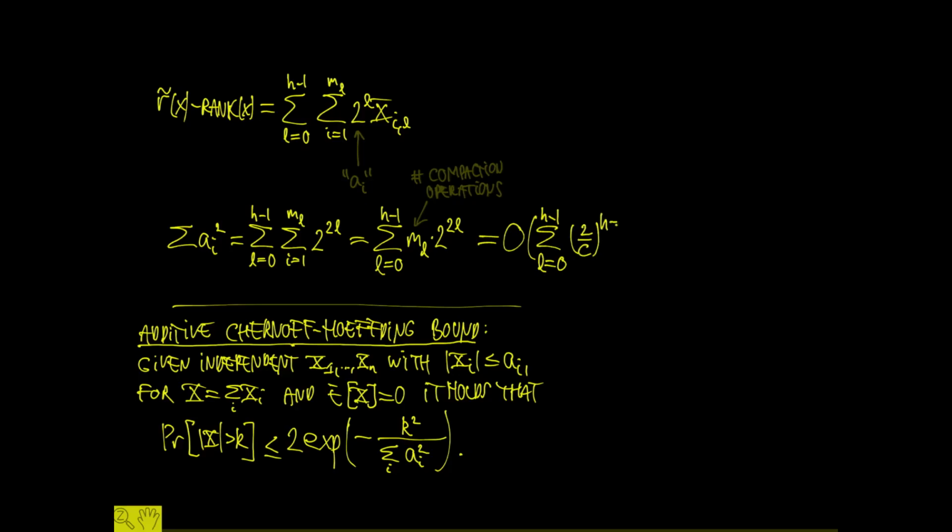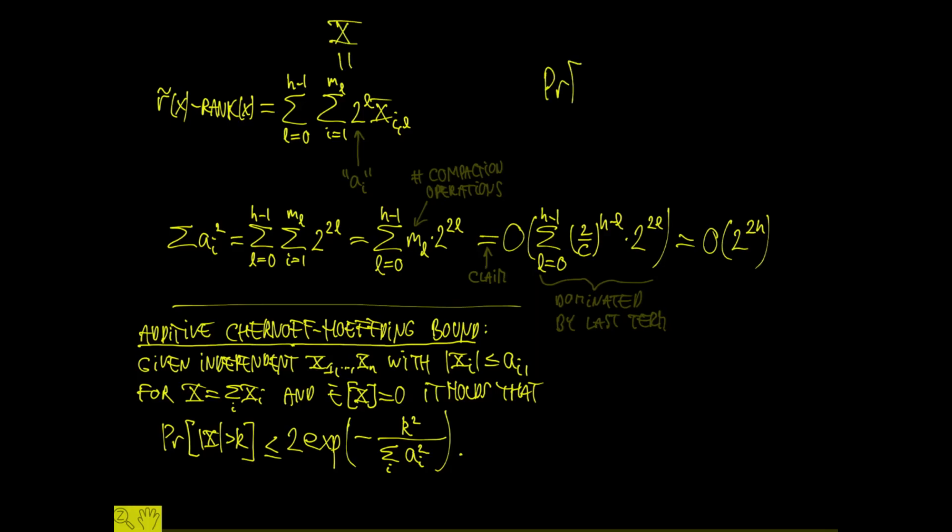I claim that we can bound the number of compaction operations by 2 over c to the h minus L. This is a claim we are going to get back to later. Now we have a sum that is clearly dominated by the last term, because for each time L grows, this grows by a factor of more than 1. So it's a geometrically increasing sum, dominated by the last term. So this is O of 2 to the 2h.